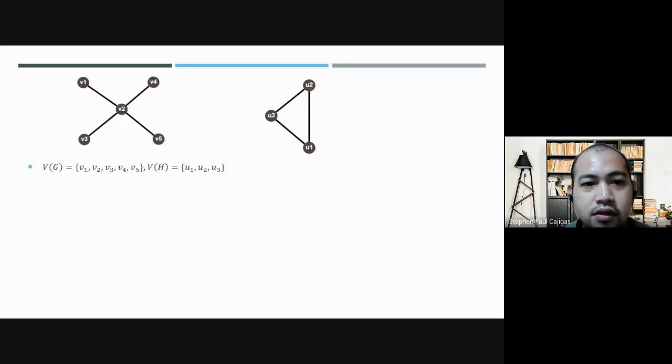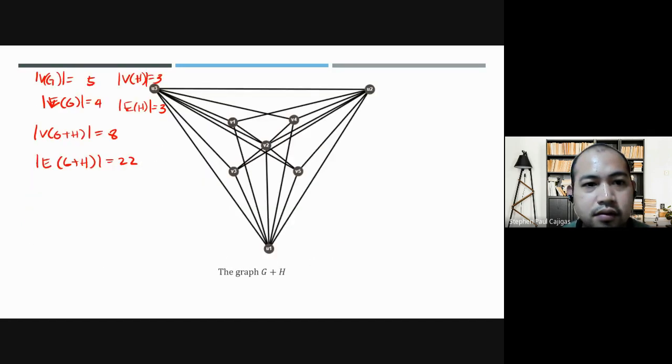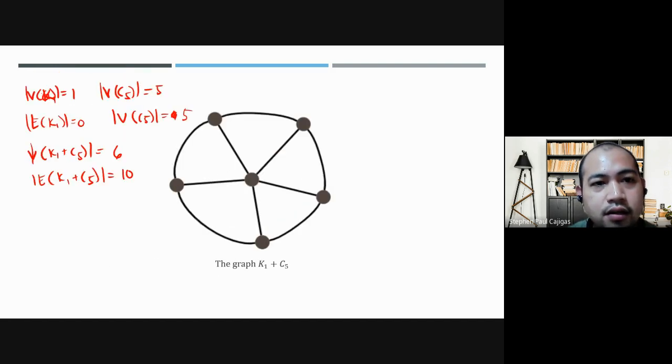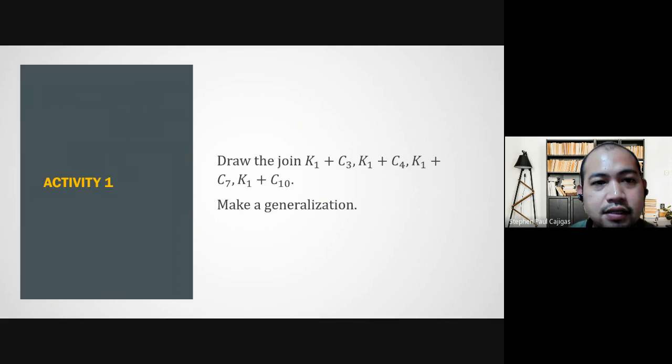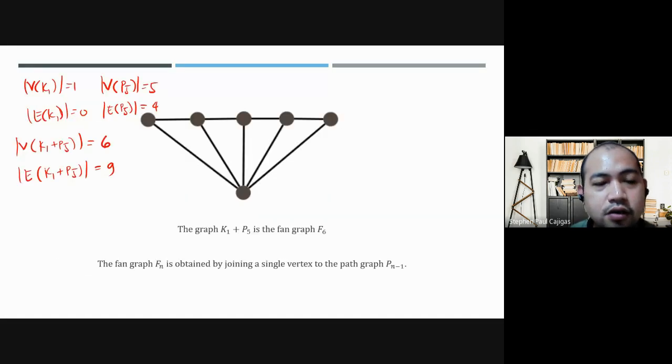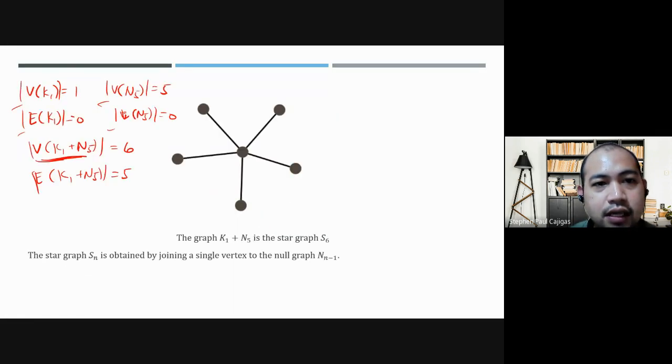We just add 5 and 3. So 5 plus 3 we get 8. So gin-add ta iton vertex. We simply add the number of vertices. So 5 and 3, nakuha kita 8. Then 1 plus 5, we get 6. And 1 plus 5, we also get 6. And the same, 1 plus 5 is equal to 6.